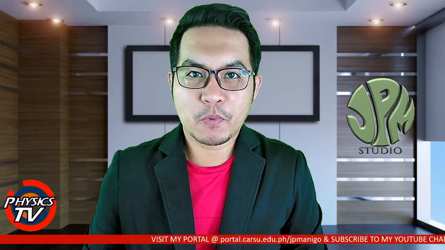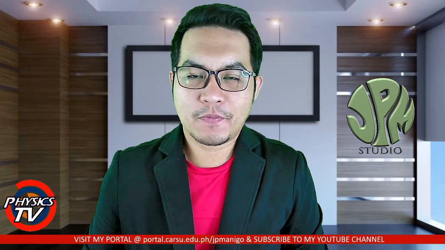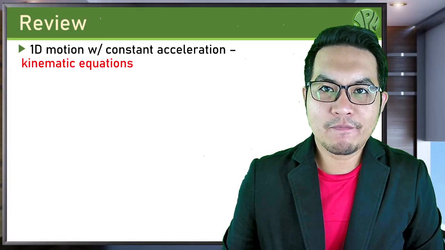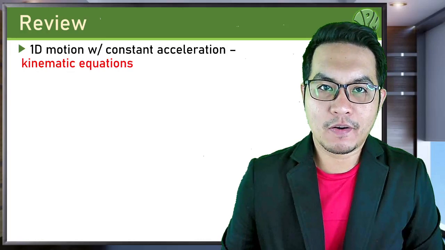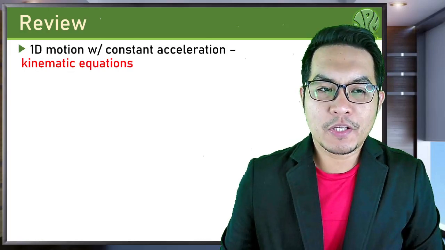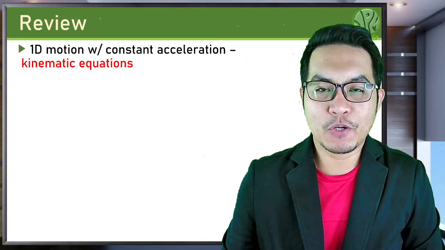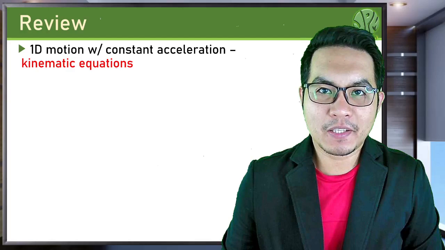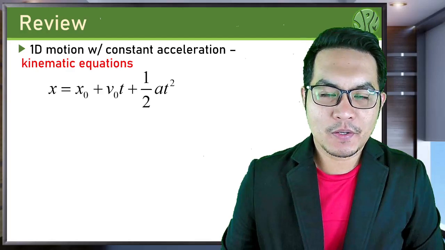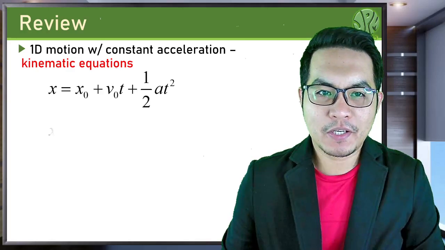So before we proceed with this lesson, let us first have a review of the previous topics. So in kinematics of motion, you discussed one-dimensional motion with constant acceleration, and you were given four kinematic equations. So this is one of the kinematic equations.